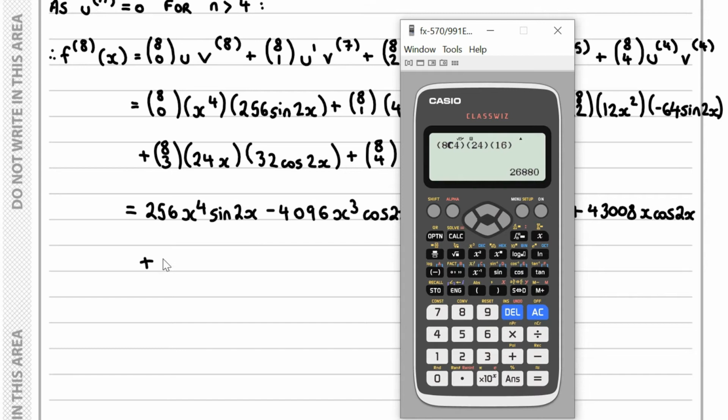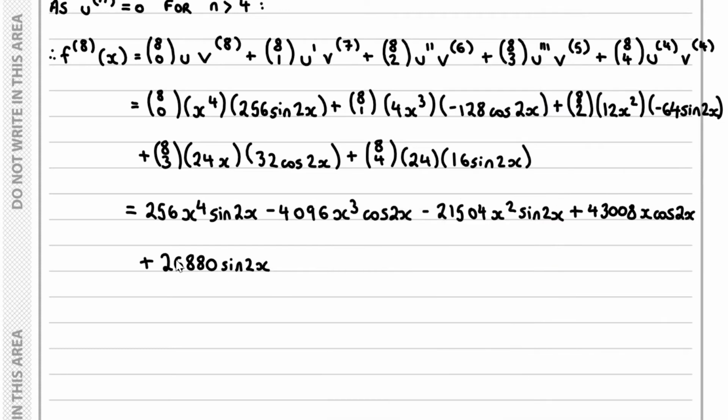So it turns out here we end up with 26880 times by the sine of 2x. So this is what the 8th derivative of f is, the result we see here.